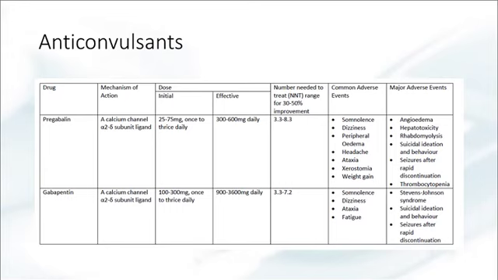When it comes to pregabalin, right, your initial dose should be anywhere between 20 to 75 milligrams once to thrice a day. Usually you'll start off with about 25 milligrams and you'll slowly dose upwards towards the effective dose, which is anywhere between 3 to 600 milligrams daily.